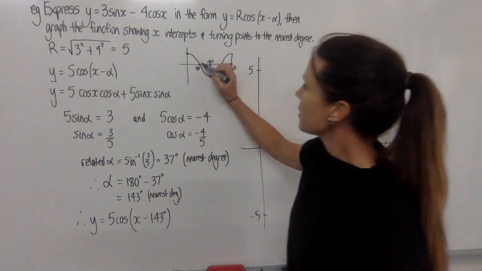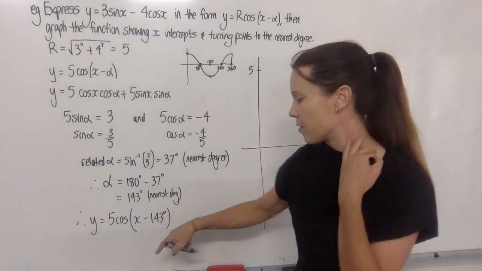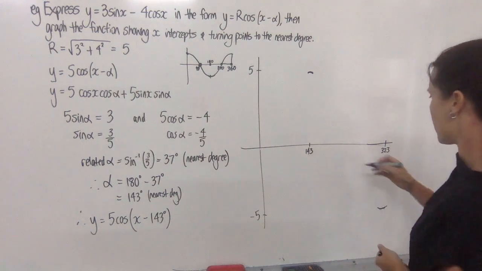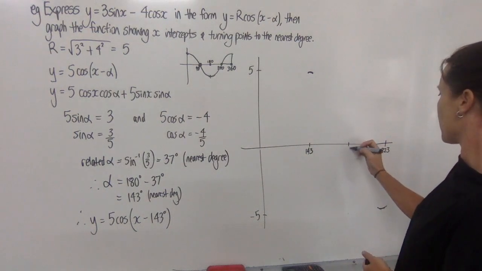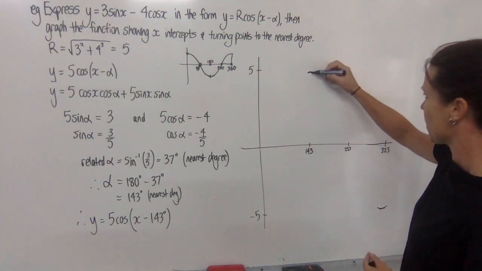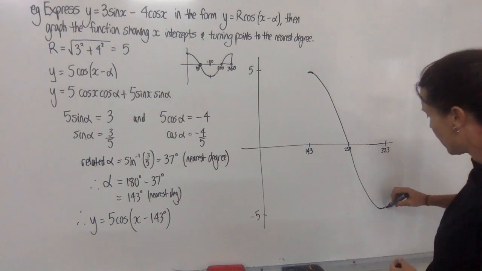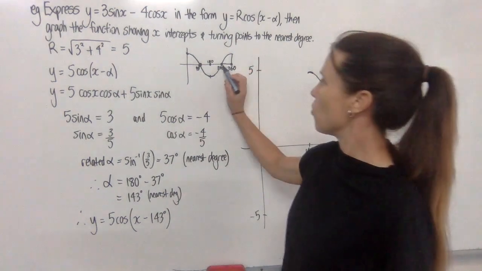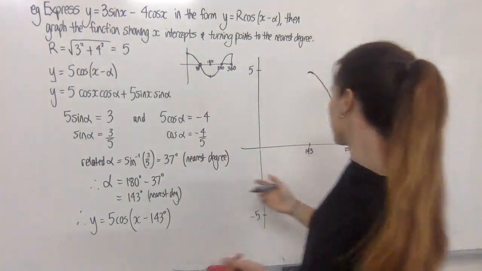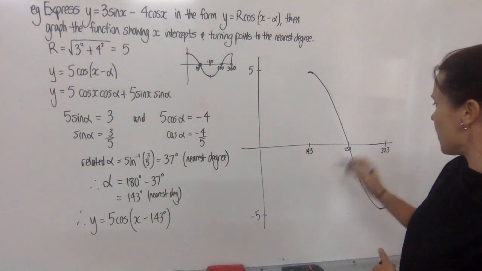And my intercept here is at 90 normally, but if I'm moving at 143, then it's going to be at, what, 233? So that's going to be halfway between the high and the low, so obviously marking those and making a spot here. It's doing something like this. Okay, now to go from one intercept to the next, I know that happens every 180 degrees, so I can just take 180 off this 233 and I'll get 53.